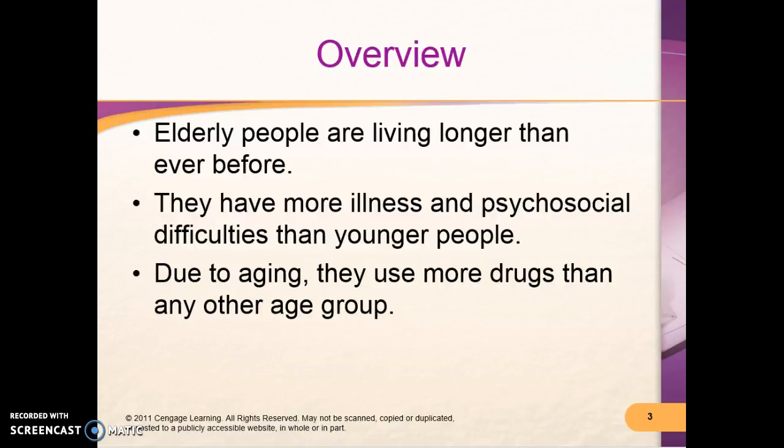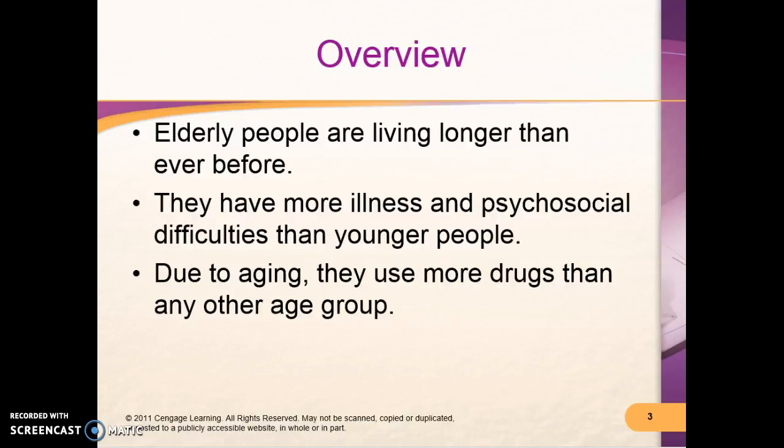A brown bag event basically means the patient comes to the pharmacy with a bag, and inside that bag are all of the prescriptions that they're taking. That gives the pharmacist the opportunity to go through them with the patient and identify any possible harmful interactions.